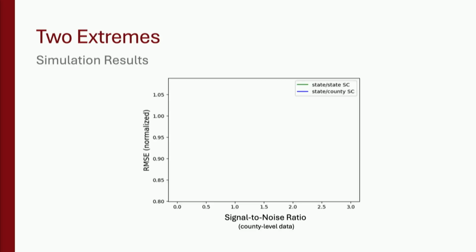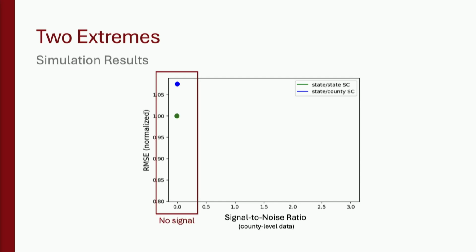So let me put some more numbers behind this, and I want to show you some simulation results that I conducted. Here I'm plotting the signal-to-noise ratio of the county-level data on the x-axis against out-of-sample performance measured by root mean squared error, which is normalized by the state-state performance. Let me start with two extreme scenarios that provide a bit more intuition behind when each of these estimators performs well.